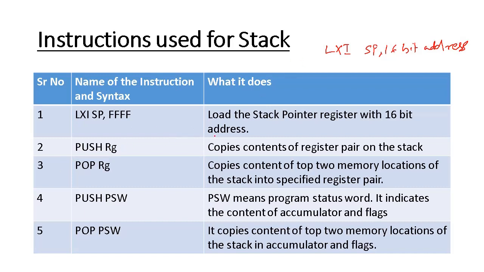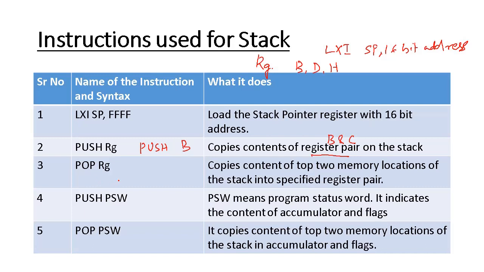The operand will be one register. This register could be any general purpose register pair like B, D, H. It copies the contents of the register pair onto the stack. Suppose we write push B, it will copy the content of register pair B and C both onto the stack.